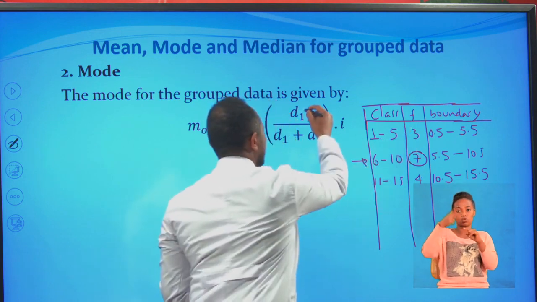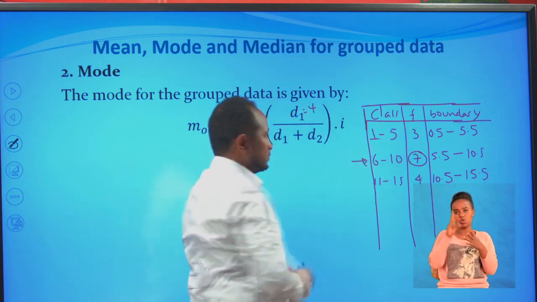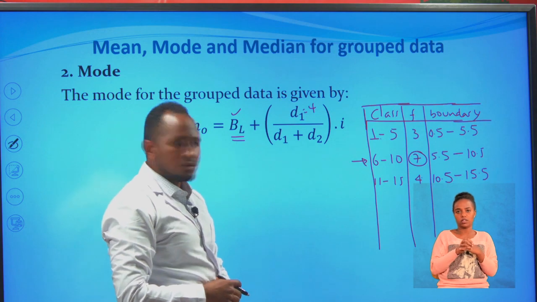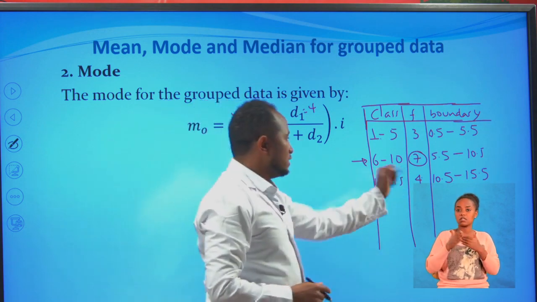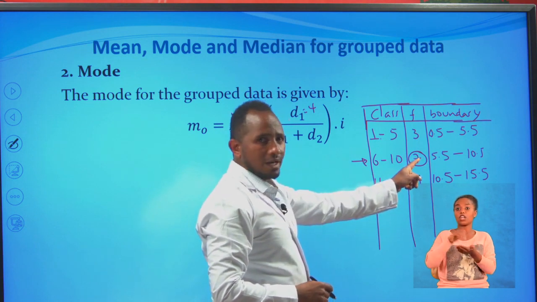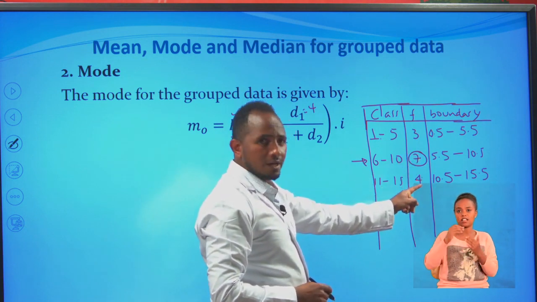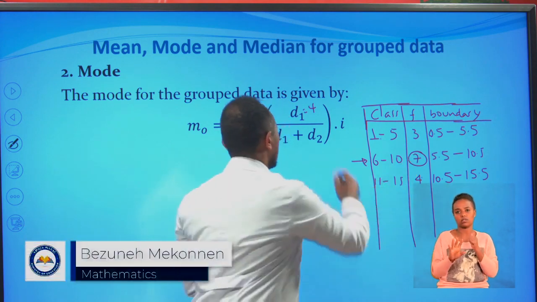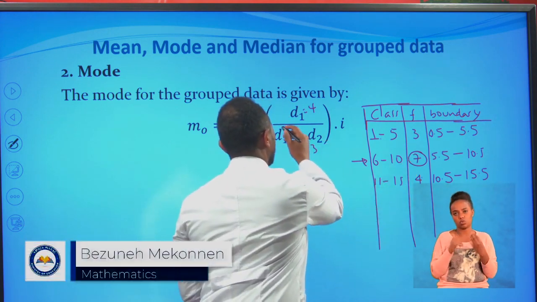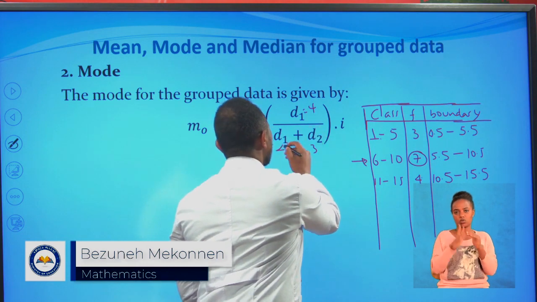So D1 is 4. And D2 is simply the difference between the frequency of the modal class and the succeeding class. So it is 7 minus 4. D2 is 3. So we have D2 is 3 and D1 is 4.